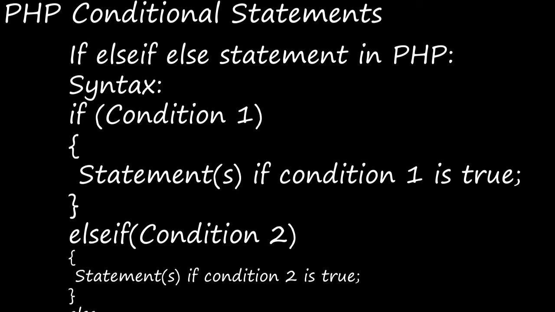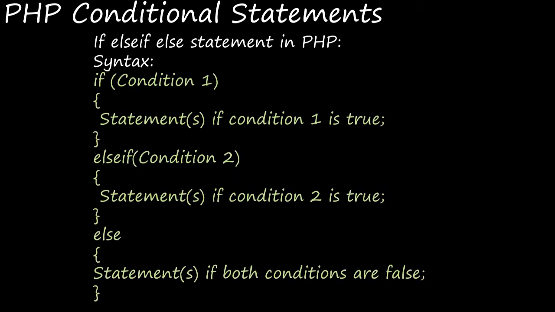Here we'll have multiple conditions. In the if else statement we gave one condition, one true statement and an else statement, right? Here we can give more than one condition. First see the syntax. If condition 1, first we give a condition. If that condition is true, then the first set of statements will be executed.